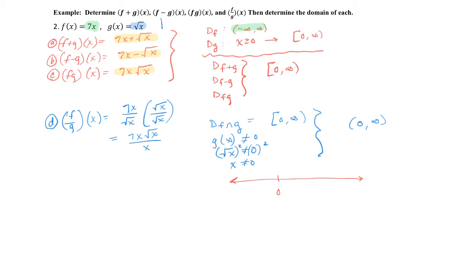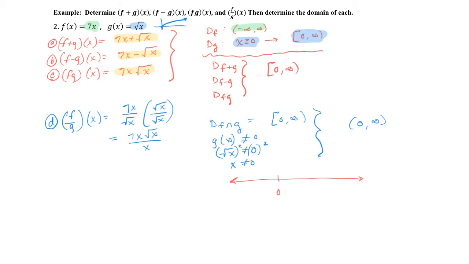If I was going to sketch a graph of it, something like this. And so the domain is that whatever's under the radical, in this case x, has to be greater than or equal to 0. So when we're solving for the domain, x must be greater than or equal to 0. So the domain is 0 to infinity. Make sure you have a bracket there because 0 is included.